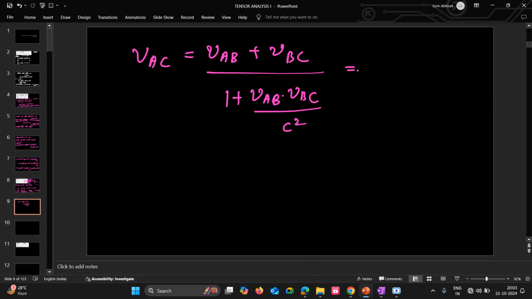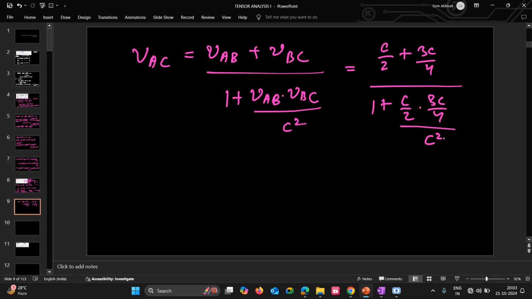So what is there in the question? Yours is c by 2 plus 3c by 4, whole divided by 1 plus c by 2 into 3c by 4 divided by c square. So 5c by 4 divided by 1 plus 3 by 8, which is 11 by 8.